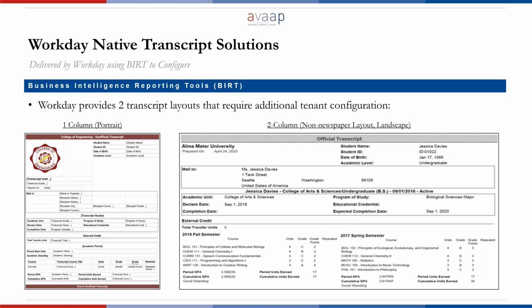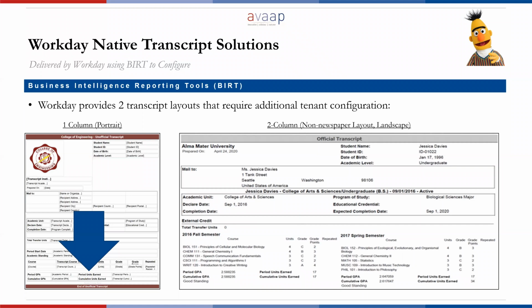These layouts are designed in an XML formatting tool called BIRT, or Business Intelligence Reporting Tool. It's relatively easy to use and brings modern formatting elements to the transcripts like color, different fonts, backgrounds, watermarks, and more.